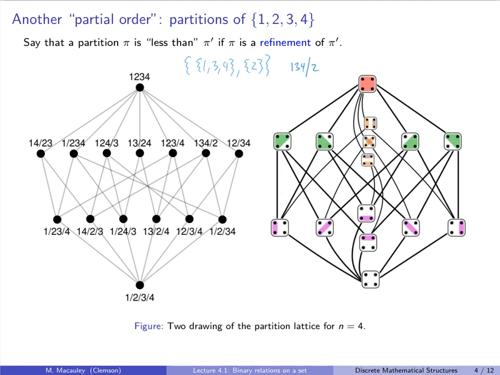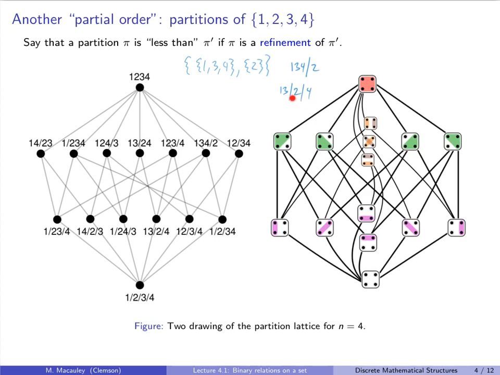And a refinement of this is what we get if we further break up the blocks. So for example, 13|2|4, and the order doesn't matter. So 13|2|4 is a refinement of 134|2. Let's say that a partition is less than another partition if the first one is a refinement of the second one.